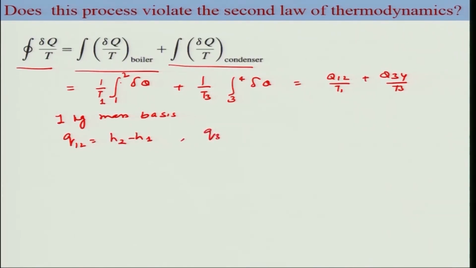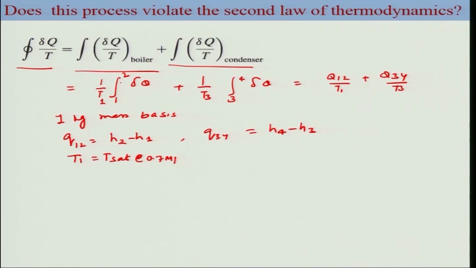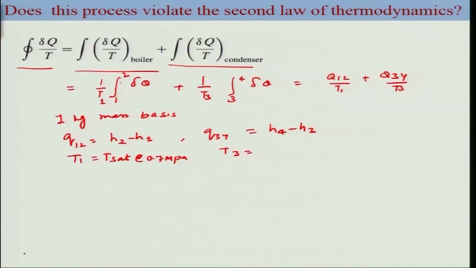Similarly for Q3 4 this is going to be H4 minus H3, and the T1 would be your Tsat, okay, at the pressure which is already given to you, 0.7 megapascal, and T3 is again, if you look back here, given the pressure 15 kilopascal, is Tsat at 15 kilopascal, okay.